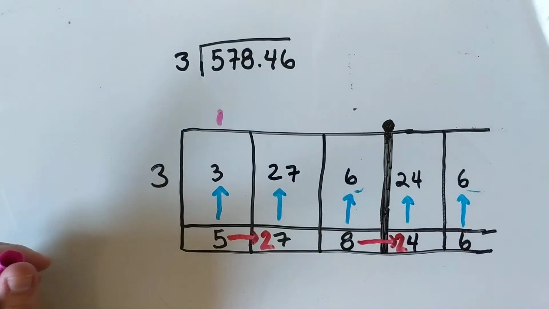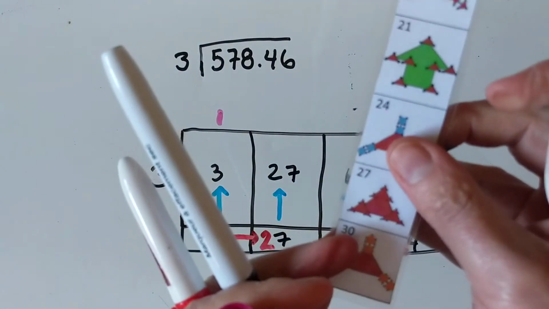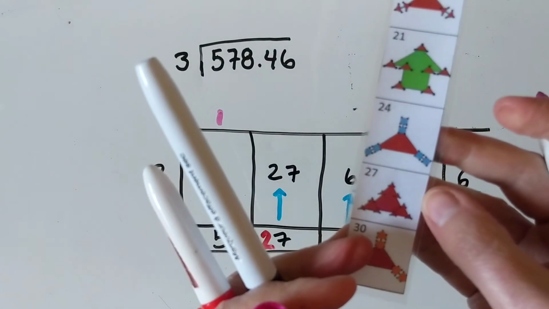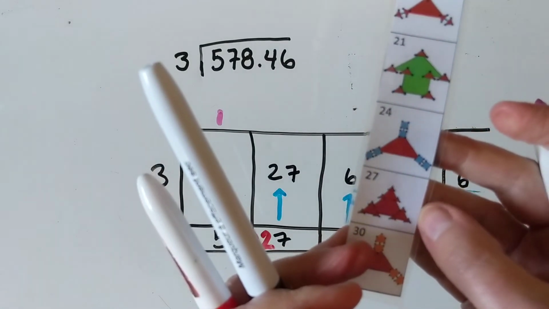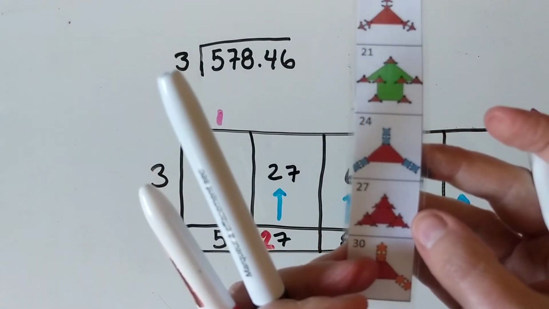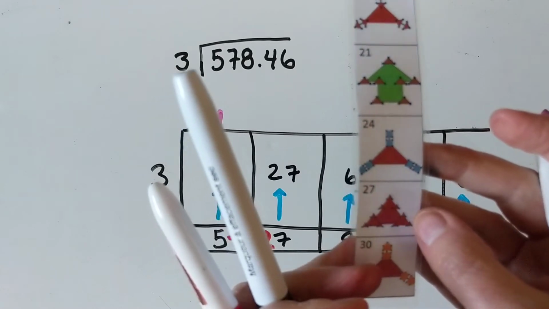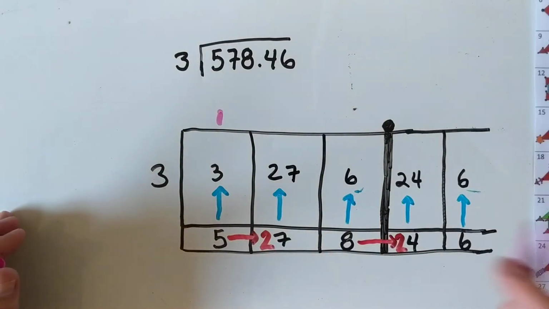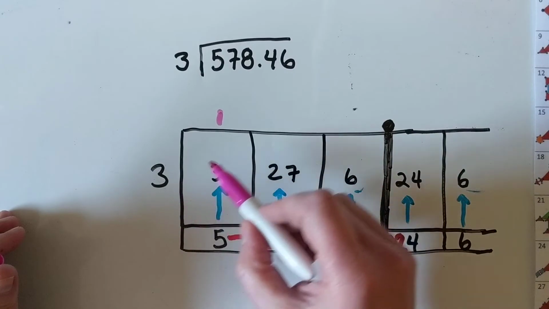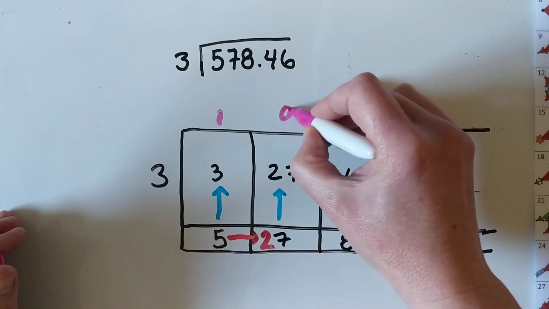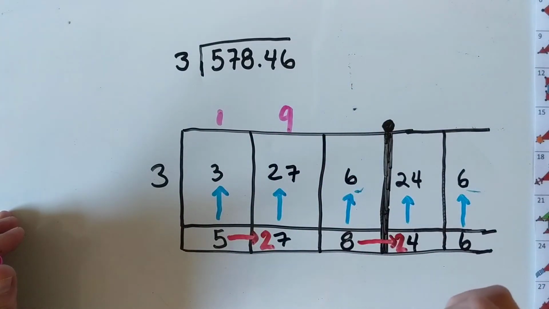27, let's say I'm not sure, so I'm going to look here. 27, and that can be grouped into, in the corners, we see 3 groups of 9. So I know 3 groups of 9 equals 27.